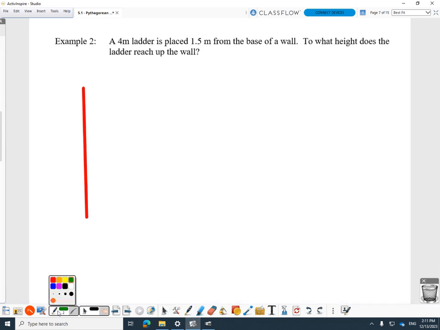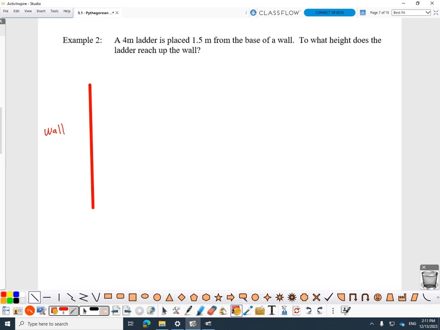Quiet, please. Quiet, please. Wall. Wall. What color should the ground be? No. Blue. Blue floor.